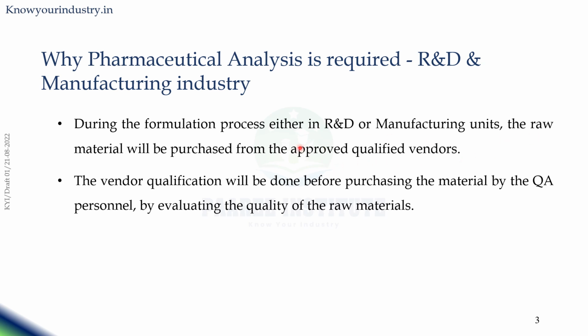So these raw materials should be tested and analyzed for their quality and appropriateness. Before purchasing these raw materials, the vendor qualification will be done by the quality assurance personnel of the specific R&D or the manufacturing pharmaceutical company to evaluate the quality of the raw materials.